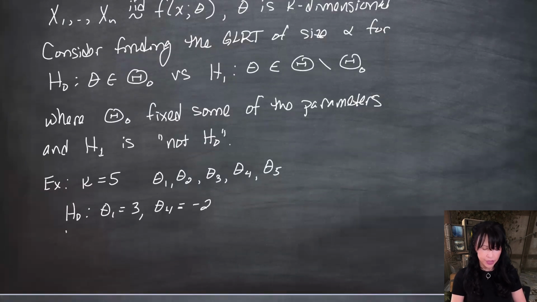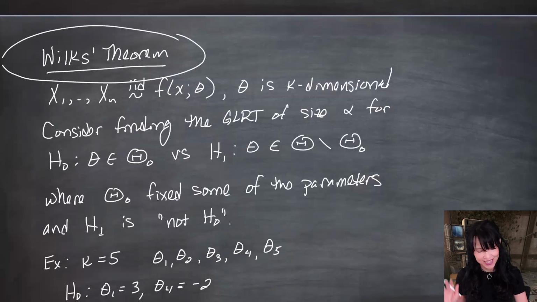And then the alternate hypothesis is something goes wrong there. At least one of those is not true. So these are the kinds of hypotheses that can be tackled using Wilks's theorem, which I still haven't stated. So consider this the sort of subject heading, not my actual theorem, because I do need to set up some notation. So I'm going to start that over.